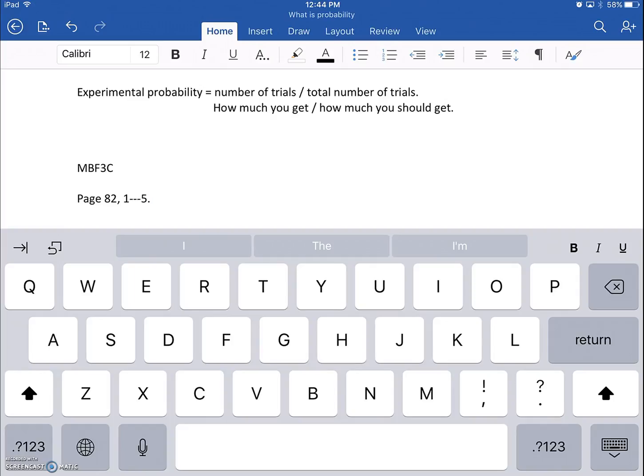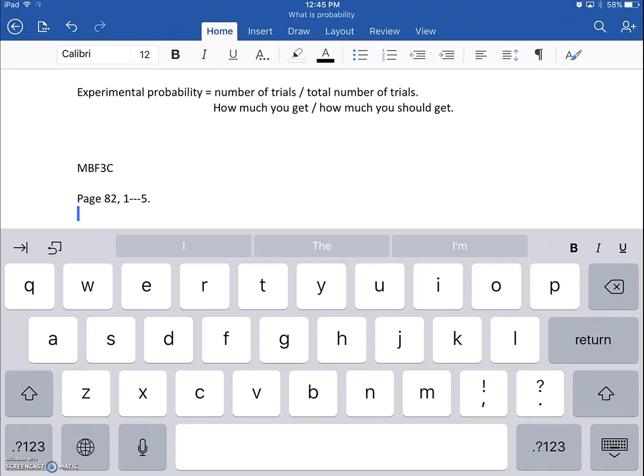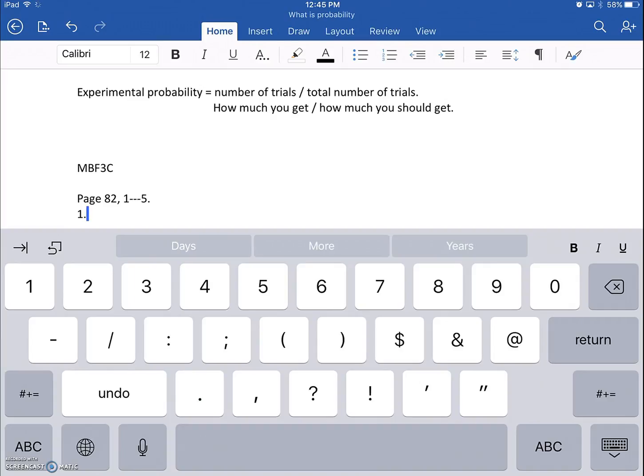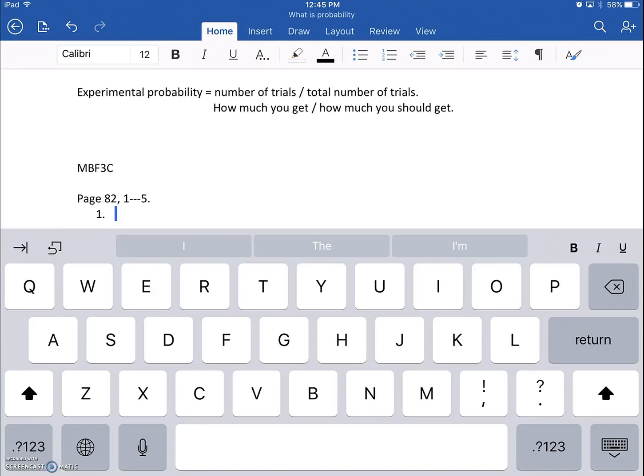Okay. So the first one, if you are on your textbook, there should be a spinner about rain or no rain. So the first question is, consider the spinner shown. I think 1/4 of it is rain, and the rest of the spinner is no rain.